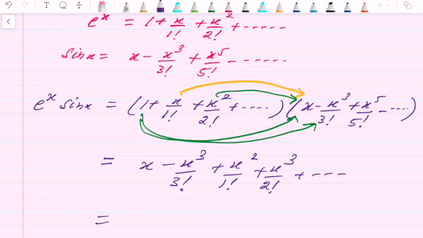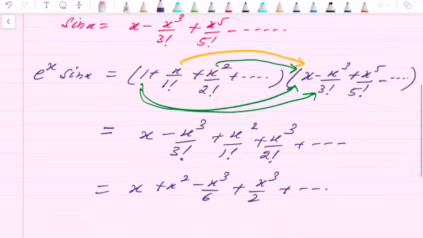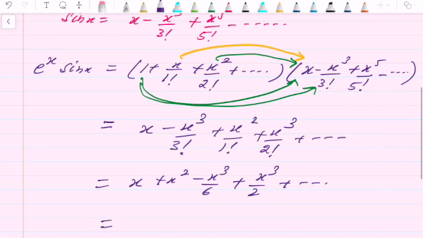Then simplify: x minus x plus x squared, x cube by 3 factorial, that will be x cube by 6 plus x cube by 2 and so on. So simplify, that will be x plus x square plus 1 by 3 x cube and so on.